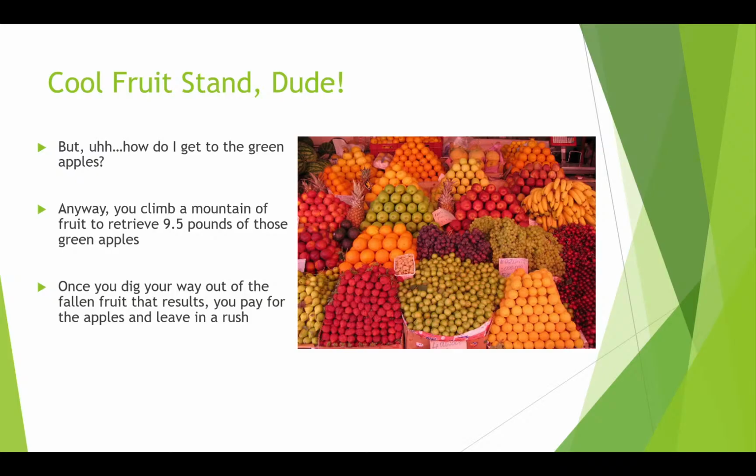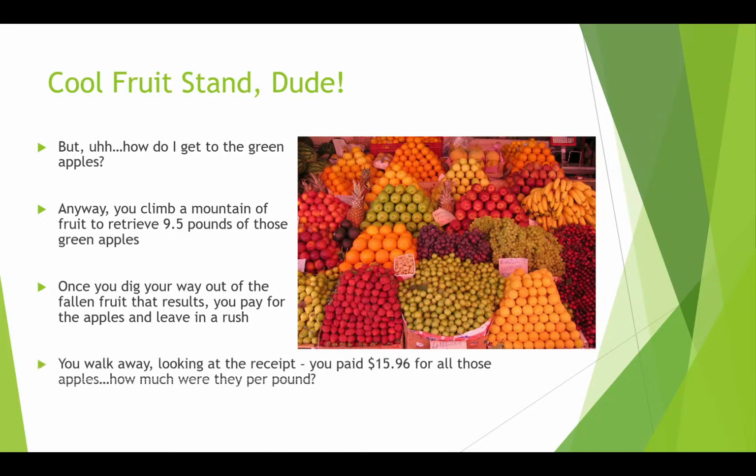Once you dig your way out of the fallen fruit that results, you pay for the apples and leave in the rush because the owner is mad at you now. You walk away looking at the receipt. You paid $15.96 for all those apples. How much were the apples per pound? Teach!